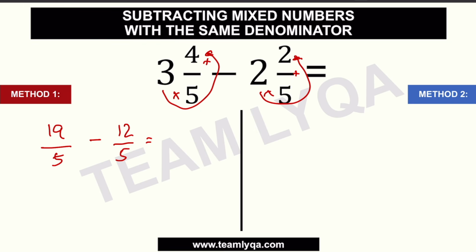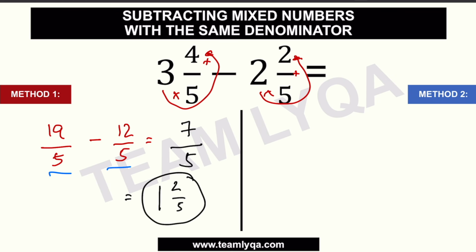Then, since they have the same denominator, both 5, I just subtract the numerators. 19 minus 12 is 7, copy, over 5. Or, again, to make it a mixed number, this will be 1 and 2 over 5.